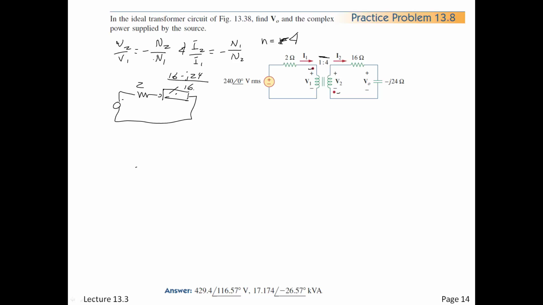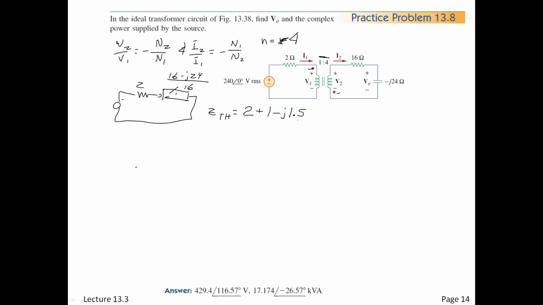All right. So the Z Thevenin then, we just basically have to collect all these terms. So the Z Thevenin is equal to 2, that's what's there in the first place, plus 16 divided by 16, looks like 1, minus j1.5.